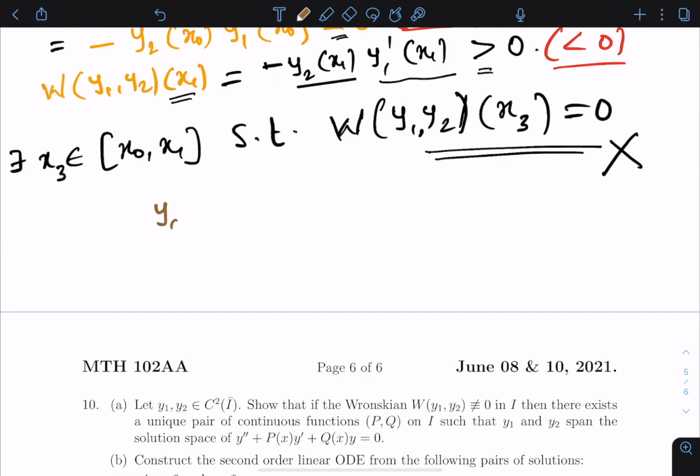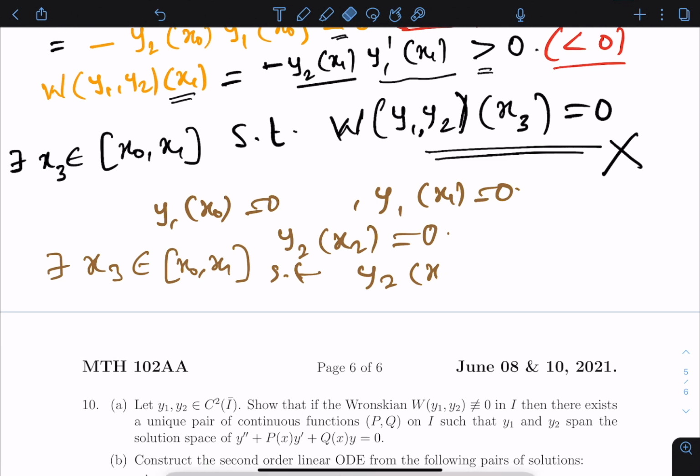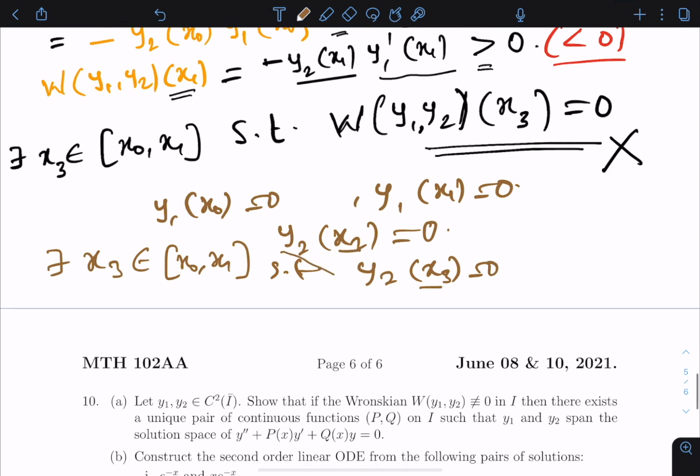So y1 of x0 is 0 and y1 of x1 is also 0, and what we have shown is that there is an x2 which is 0. Suppose there exists an x3 between x0 and x1 such that y2 of x3 is 0, then x2 and x3 are consecutive zeros of y2.